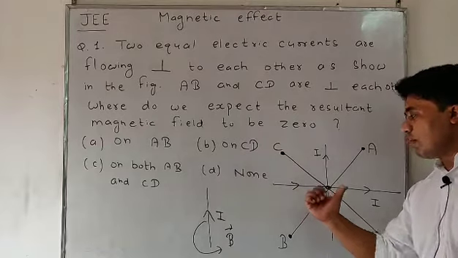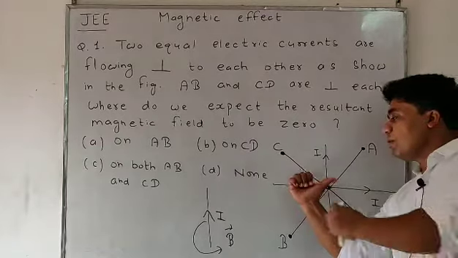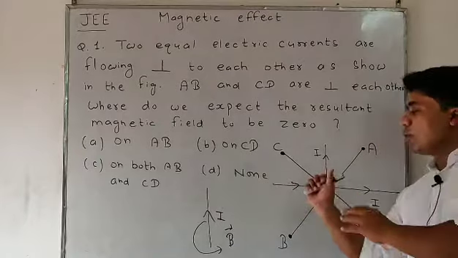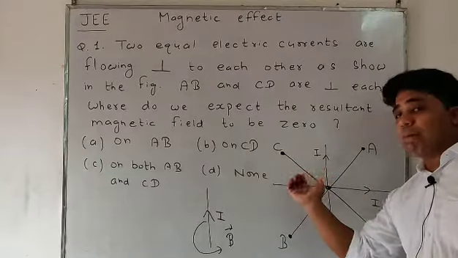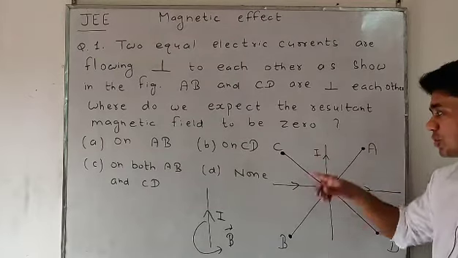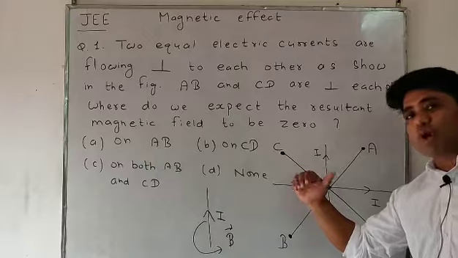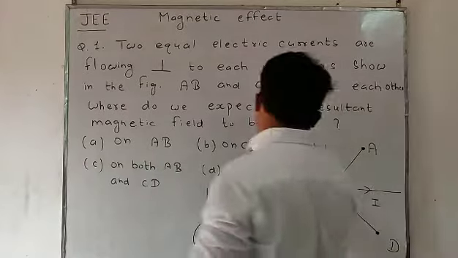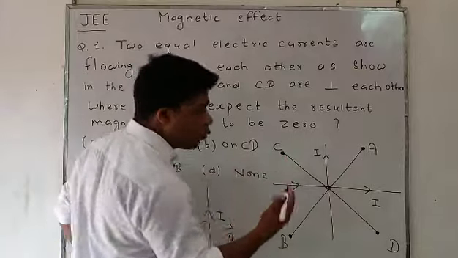And for this wire, when current is moving in this direction and we hold the conductor wire like this, with the thumb showing the direction of current, the magnetic field will be outwards. For this wire, the magnetic field is outwards as per the right hand thumb rule. So at point C, the magnetic field is outward.